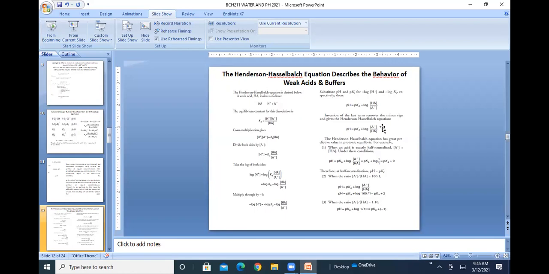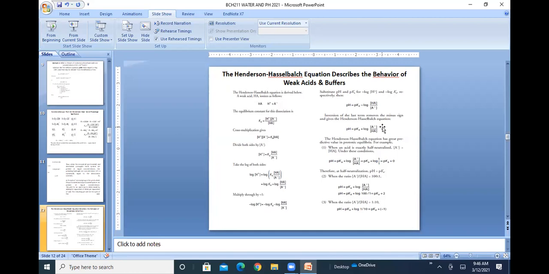So pH equals pKa plus log of 1. Log of 1 is 0. So the pH equals pKa when the base and the acid are present at equimolar concentration. I think that explains what the student asked earlier.